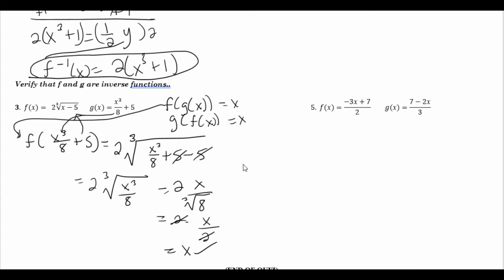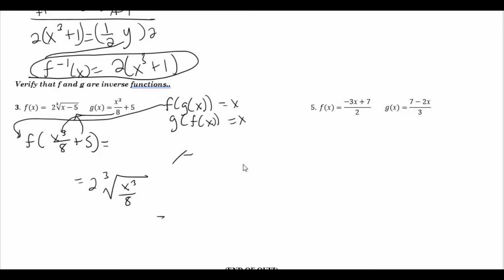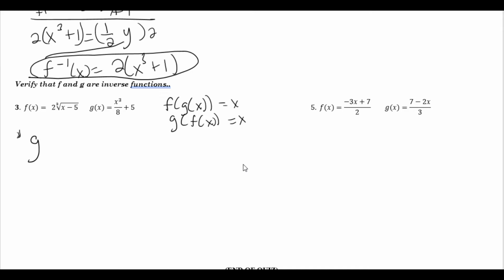All right, that takes care of the f of g of x part. So now I'm going to go ahead and do the g of f of x part. So we're going to do the g, and f of x is that. So we're going to plug in f of x into g.